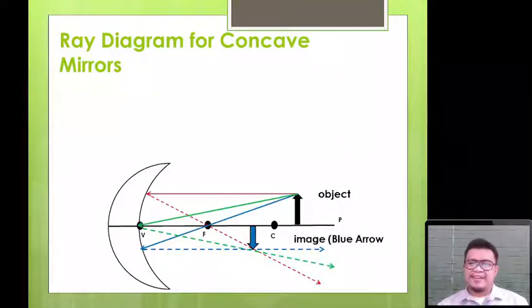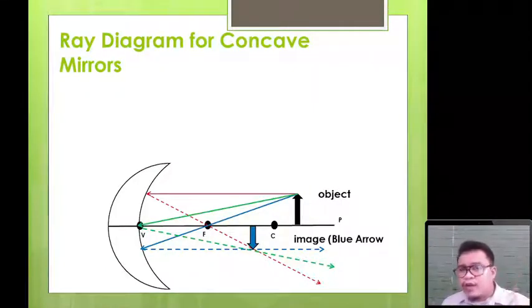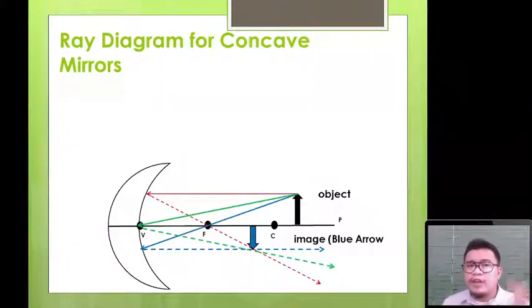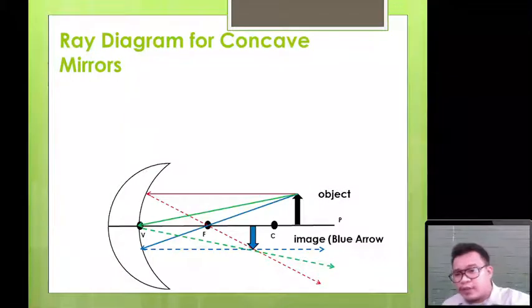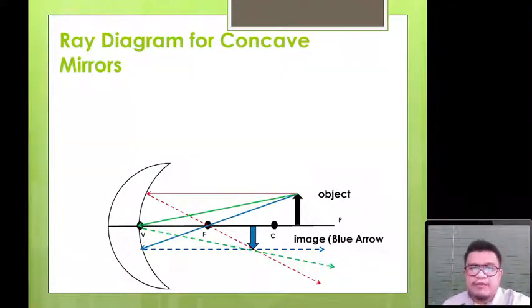Okay? Now, why is it inverted, sir? You might ask, right? Why is the arrow inverted? It's because, look at your principal axis. The intersection of the 3 reflected rays from the 3 rules that we discussed a while ago happened below the principal axis relative to our object, right?